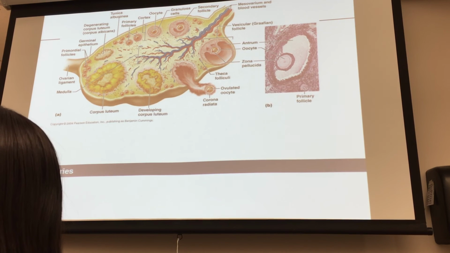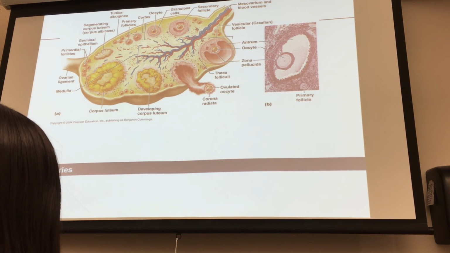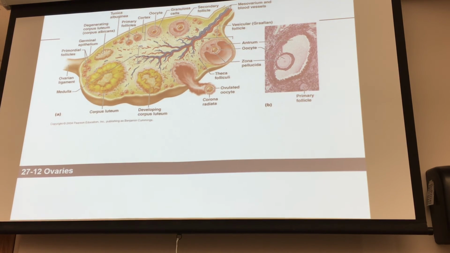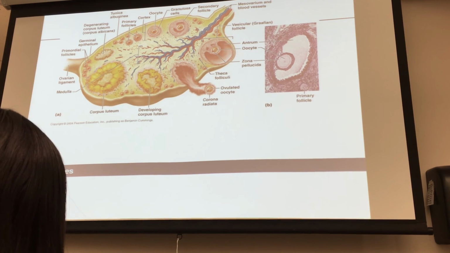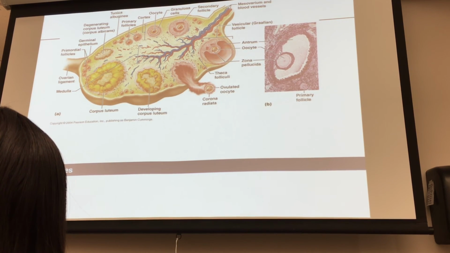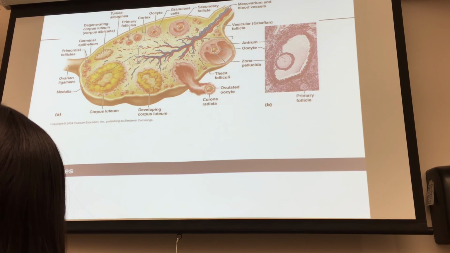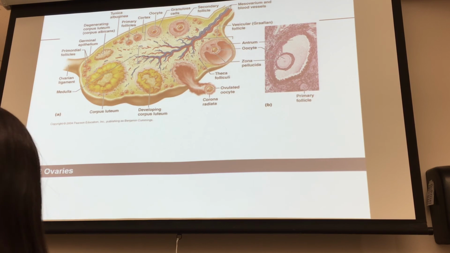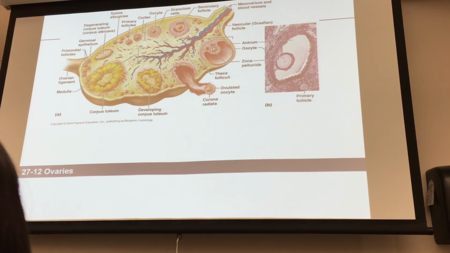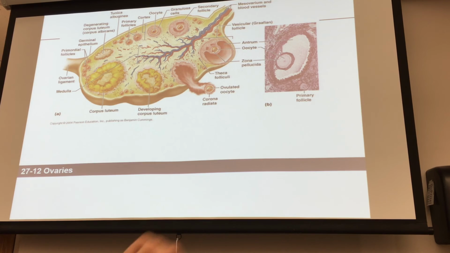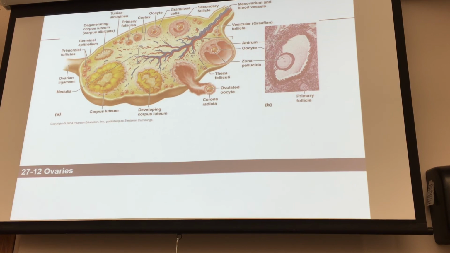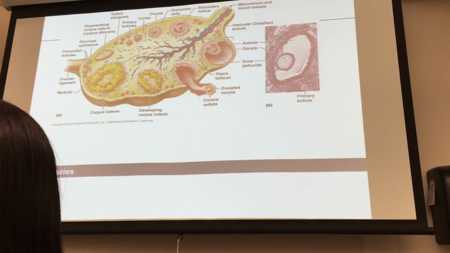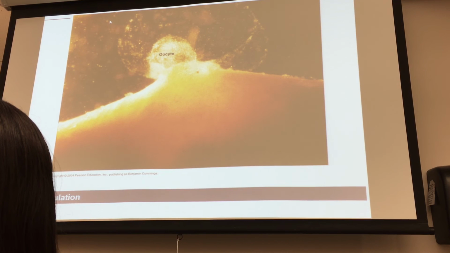On day 18, would you expect to see A, progesterone rising and LH falling? Yes or no? Progesterone rising and LH falling. That's the right answer. That's what you see. You're gonna have to see that. All right? Pretty.